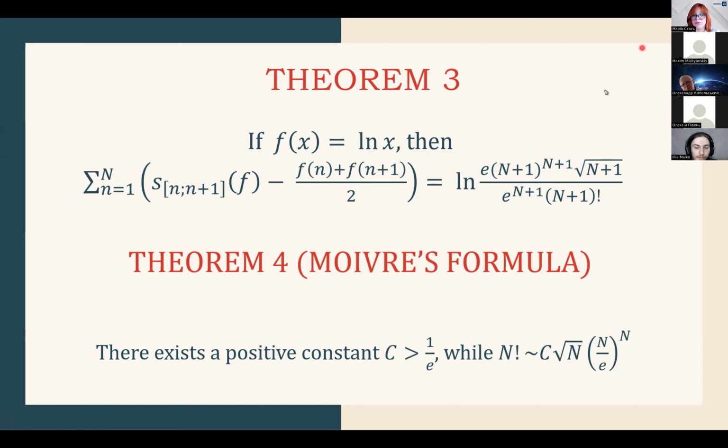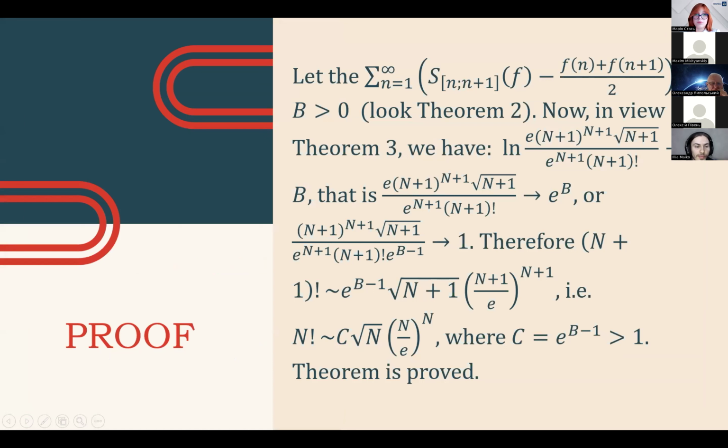There exists a positive constant c that is bigger than 1 divided by e, while n factorial is approximately c square root of n multiplied by n divided by e to the degree n. And now the proof of the last part. Let the sum from 1 to infinity of our squares and the average be equal to b.